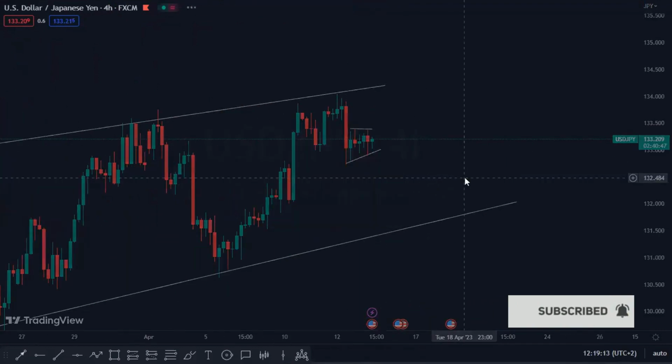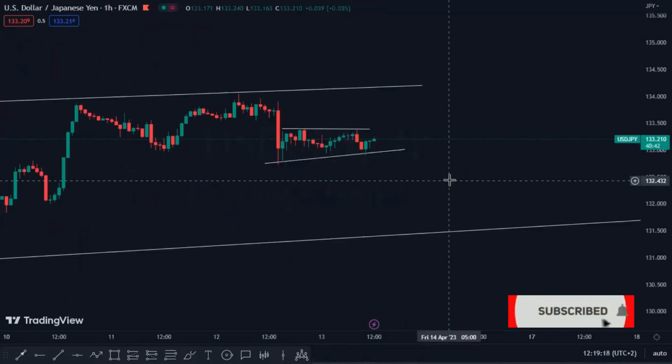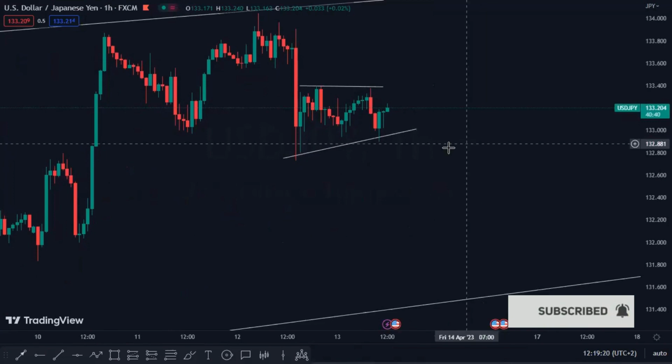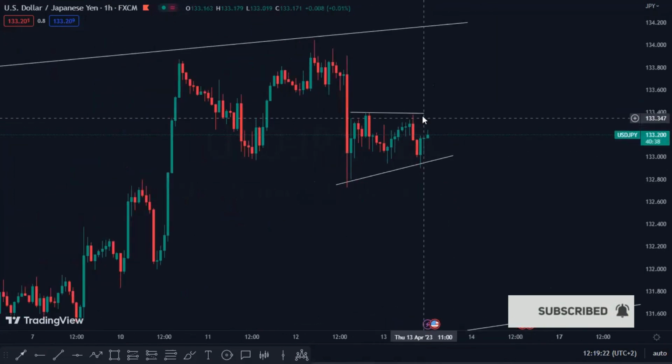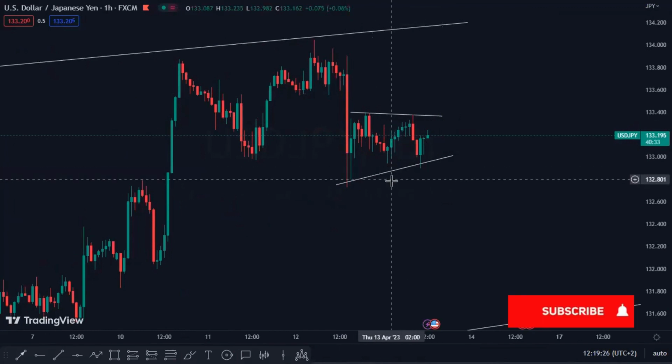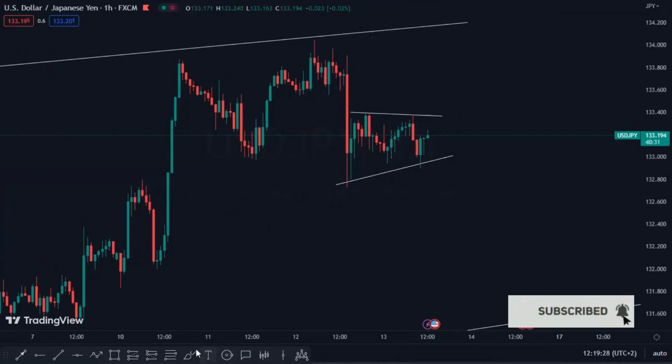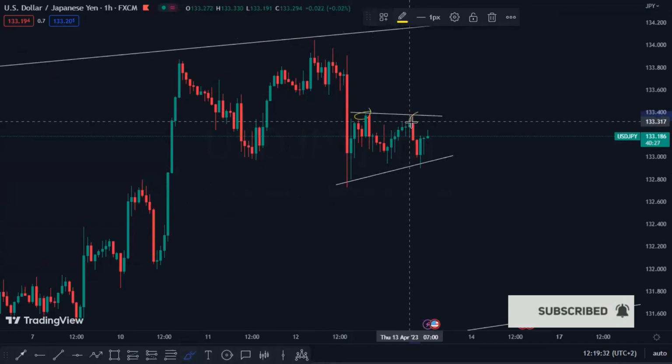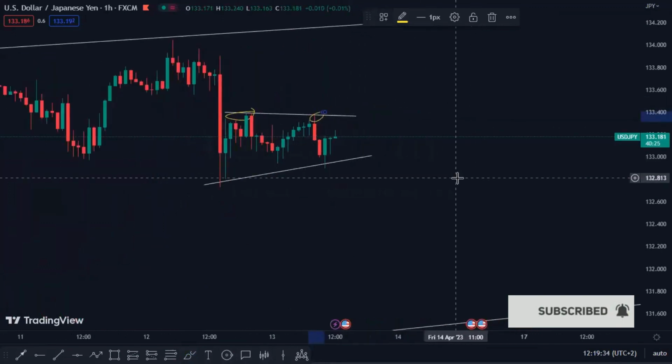Let me just go on a 1 hour time frame just to get those entry points, guys, because you can see how this trade hasn't matured yet. So wow, on a 1 hour time frame, guys, you can see that within this beautiful bearish flag, we also have a double top, confirming that okay, price is indeed gonna drop and go to the downside.